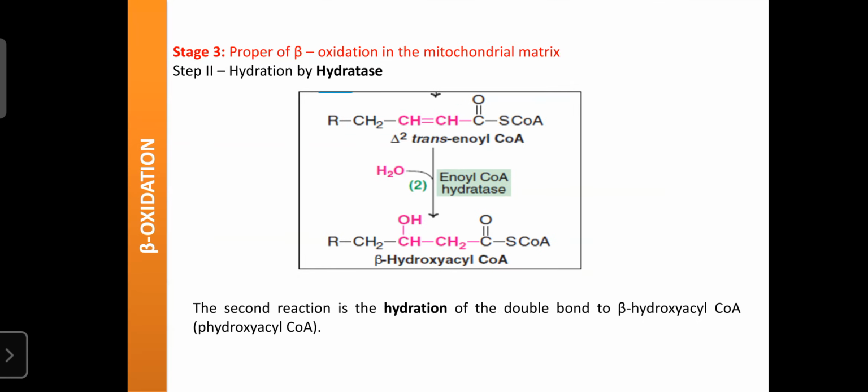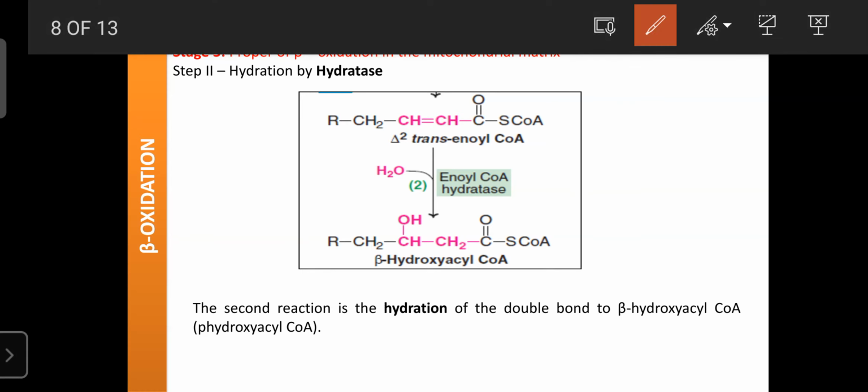So next, step 2, is hydration in the presence of the hydratase enzyme. Trans-enoyl CoA is converted into beta hydroxy acyl CoA by the addition of a water molecule, and this reaction is regulated by the enoyl CoA hydratase enzyme.